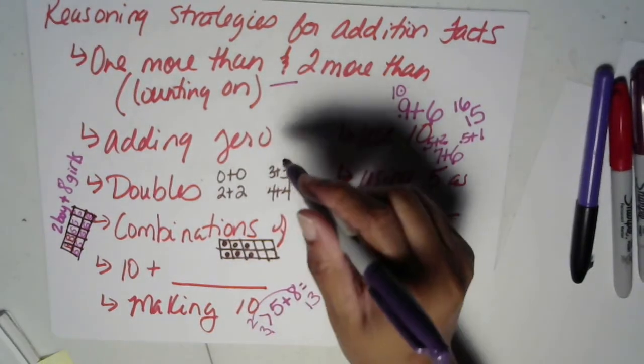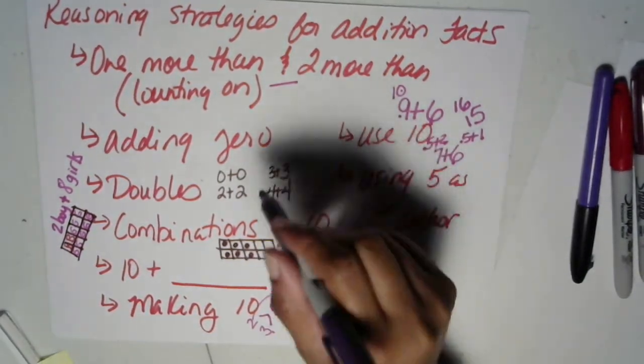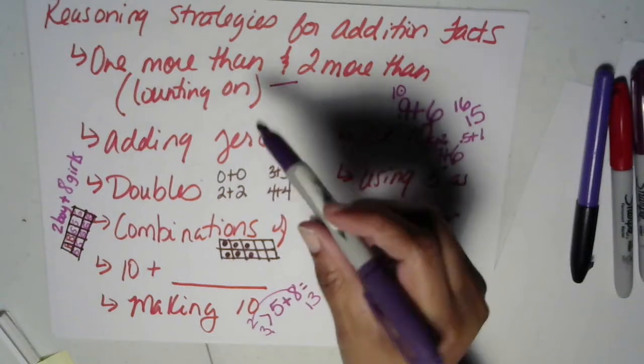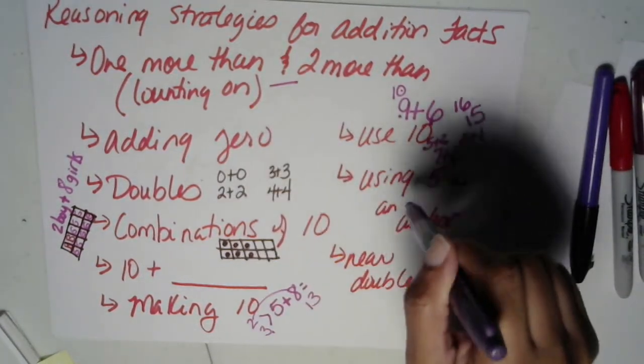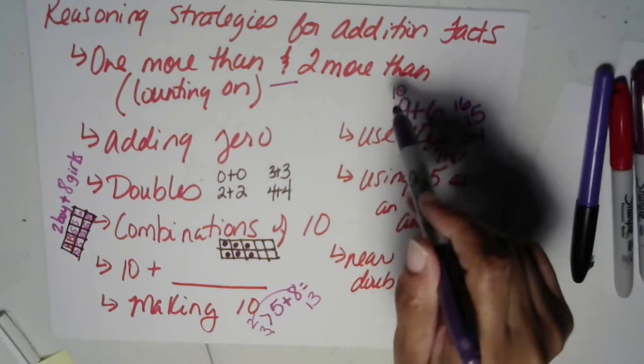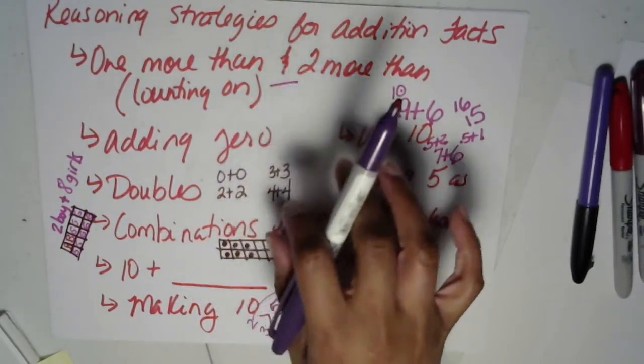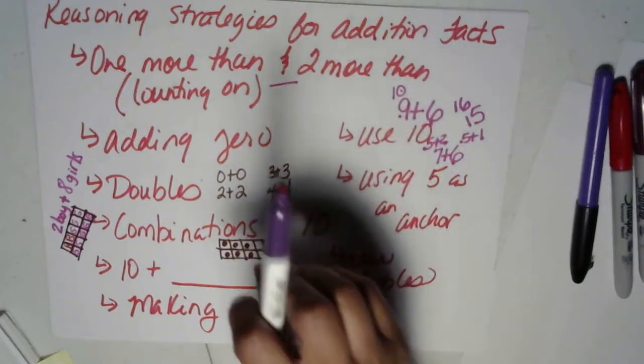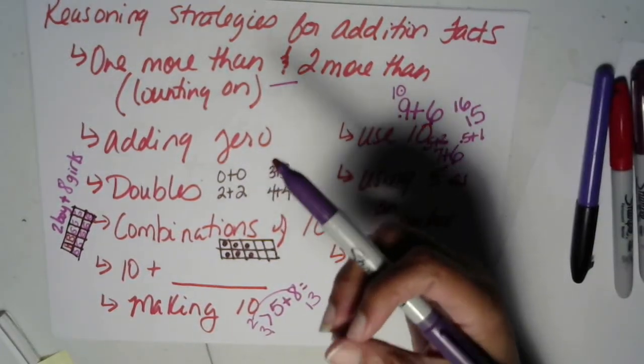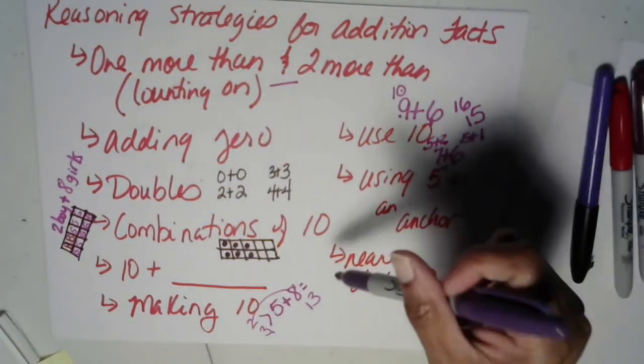I'm assuming that this is the reason why sometimes they only want to see it worked a certain way, because they're trying to teach these reasoning strategies so that the student is efficient in all of these strategies, but is more effective with one or two of them because they're going to pick the one or two that really work well for them. But you want to introduce them to all of them.